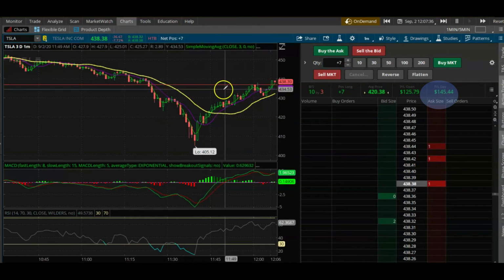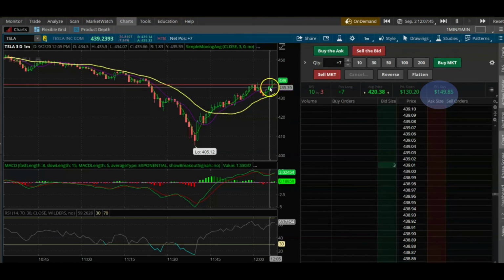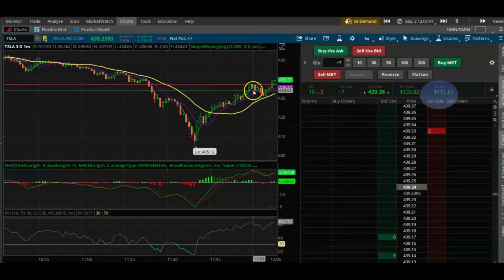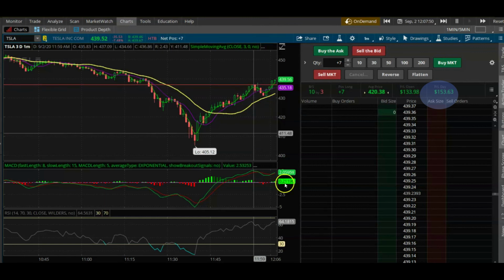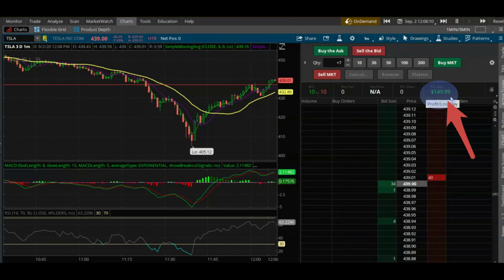So that's the level I've just drawn. And this new high on the green candle has taken out the previous high. And at this point, I just want to exit the trade altogether for a P&L of about $150.